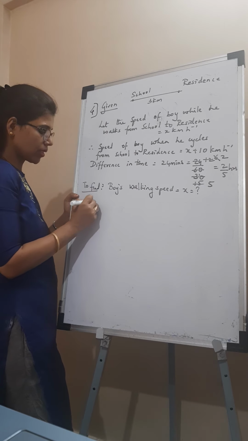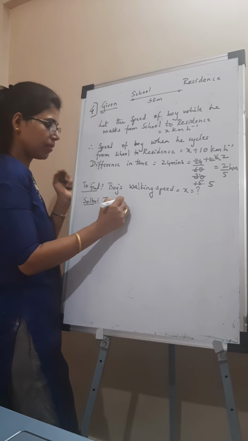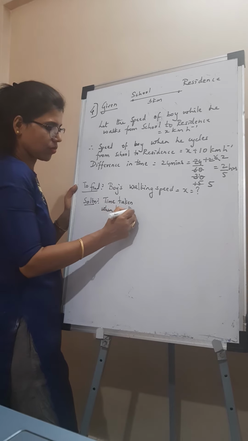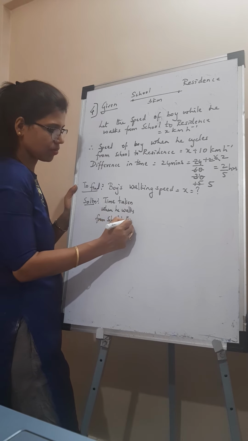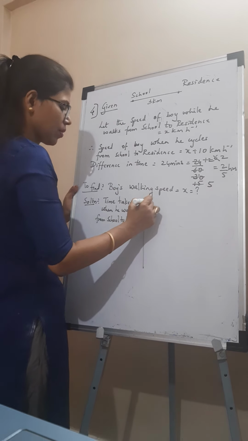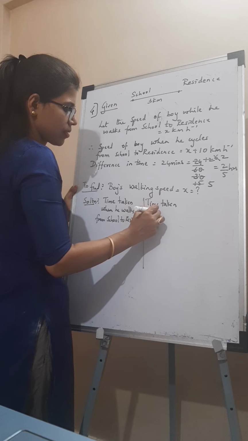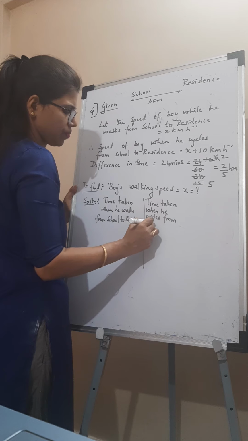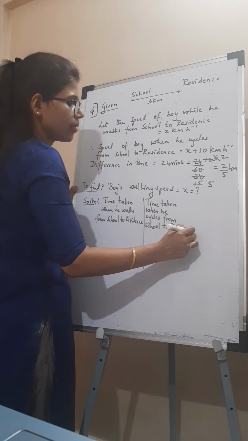For that, the solution is first to find the time taken when he walks from school to residence, and the time taken when he cycles from school to residence, and the difference.